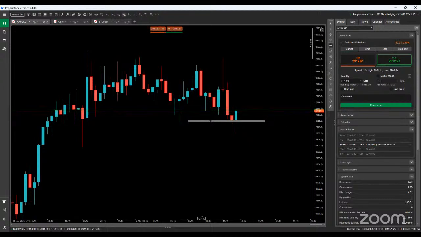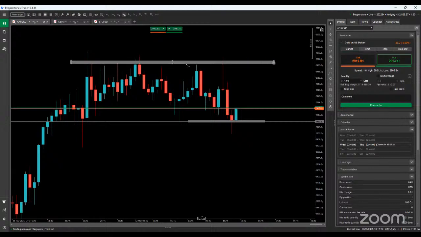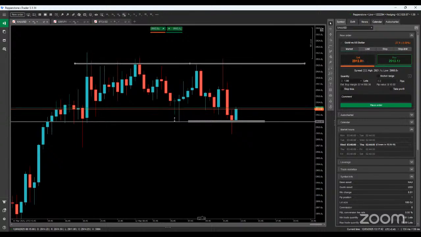So we have to be cautious as we have CPI news. If there was no CPI, I'd definitely execute after breaking the high of the previous candle as an impulse entry. But looking at all the market structures, it's pretty much a ranging market, so I have to be cautious at the same time.